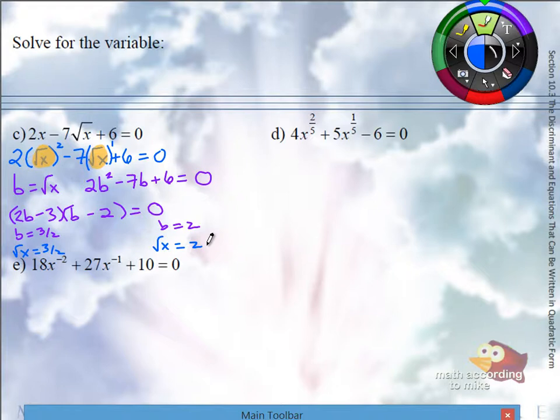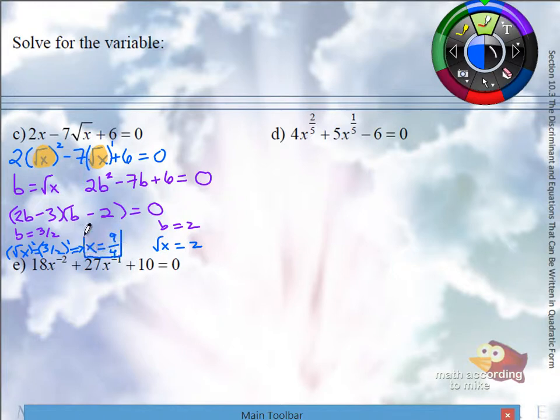How do we solve for x? You square both sides, because these are now radical equations. So if I square both sides for the first part, on the left I would get x. On the right, what is 3/2 squared? 9/4.